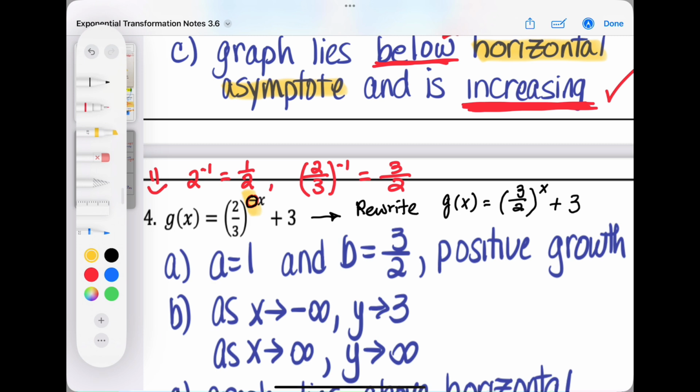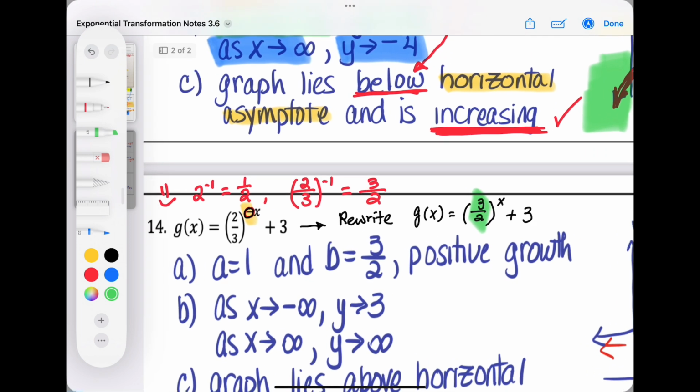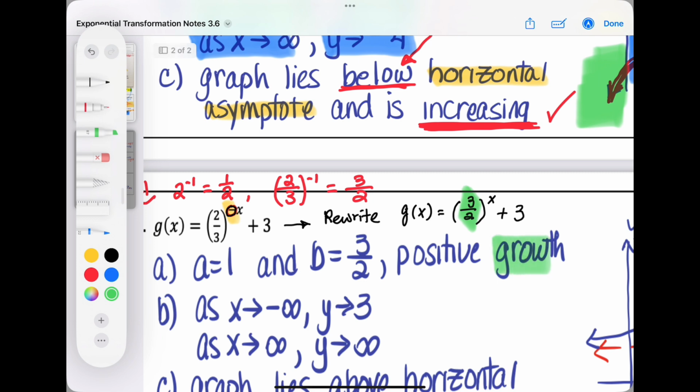And now you can say that it's all about the base. My base is 3/2. And yes, indeed, it will be a growth because it's bigger than 1. And now you can ask, what will be my leading coefficient? You will see the positive 1. This just tells me it will be a positive direction.